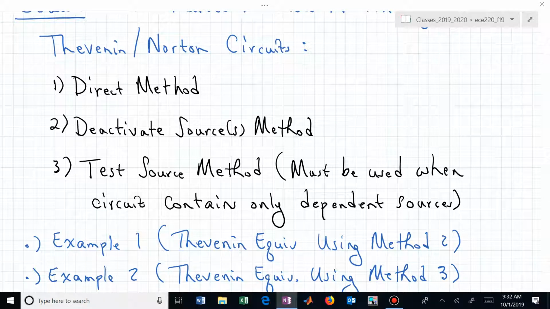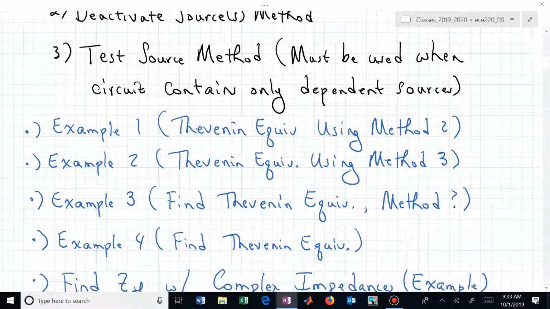The second method is to deactivate the sources and find your R Thevenin that way, and then you find V Thevenin or I short circuit as we typically do. The third method is the test source method, and that's the one that you apply if all you have in your circuit are dependent sources. With the test source method, you can apply either a current test source or a voltage test source, and that will hopefully make more sense as we go through.